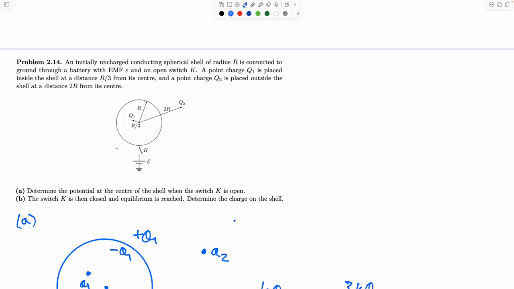It doesn't have to be net zero. Yeah, and then why didn't we take into account Q1 when calculating the potential at the center?